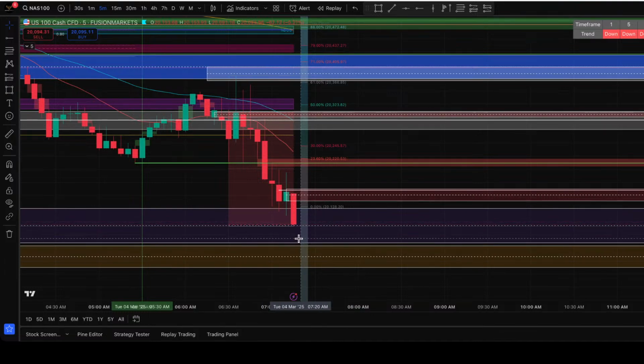Deeper into the 4-hour fair value gap. We adjust our fib levels as well.